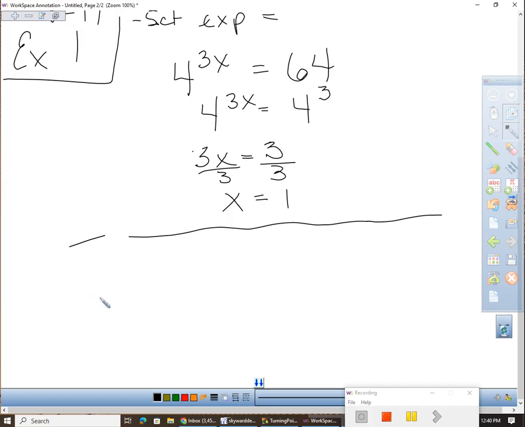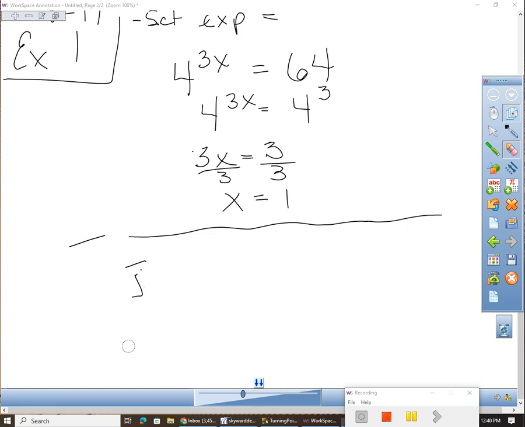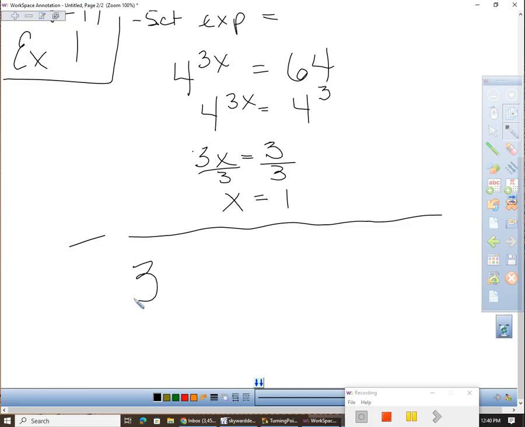How about if we do something like 3 to the x plus 4 is equal to 27 to the 3x.